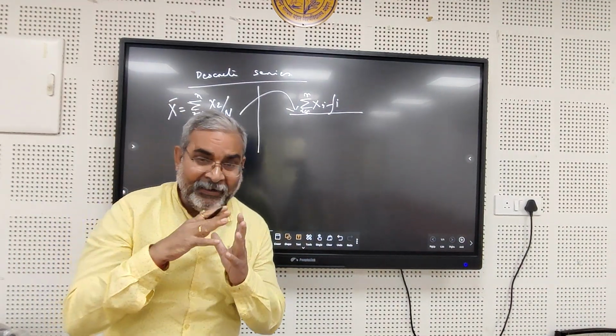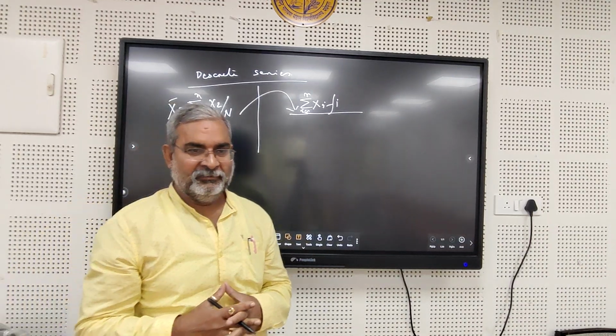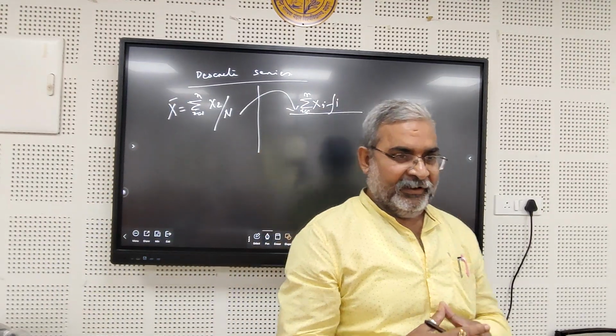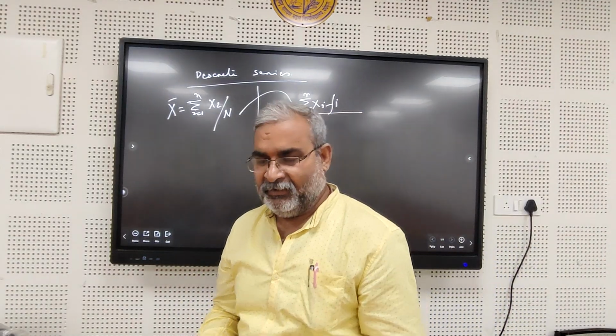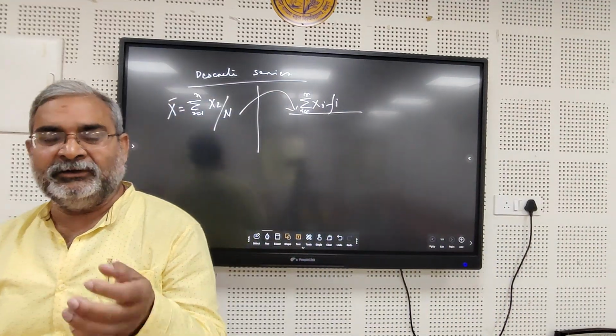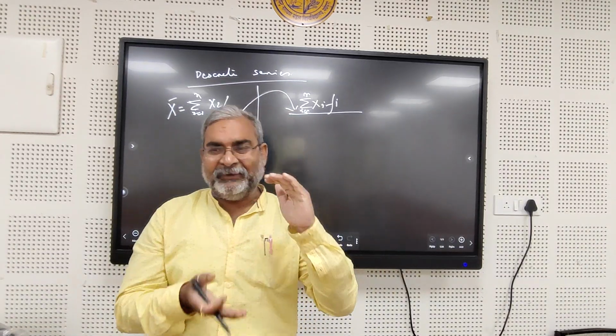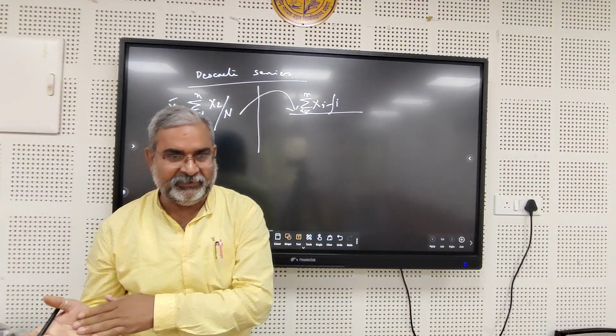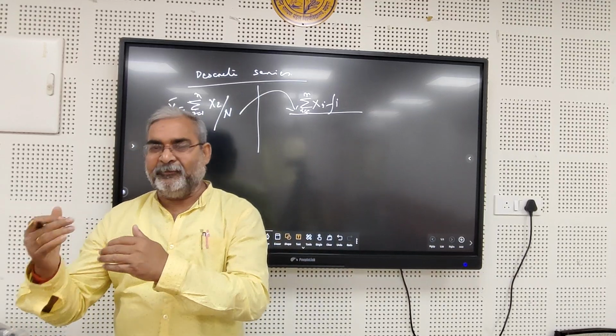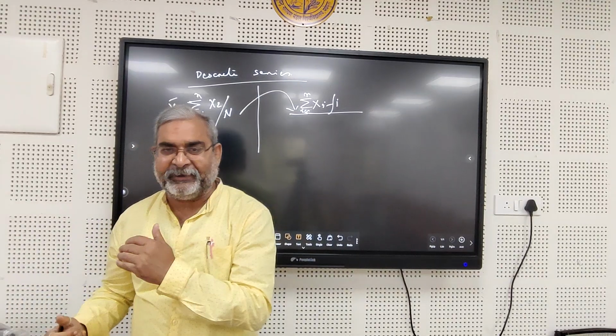Here n is converted into f because you are not counting independently. 1 is 5 times, 1 is 5 times.